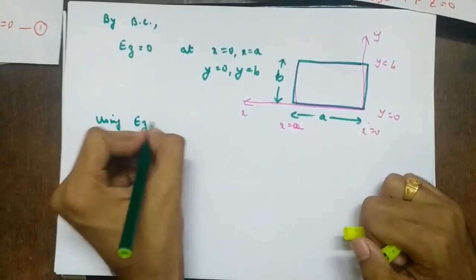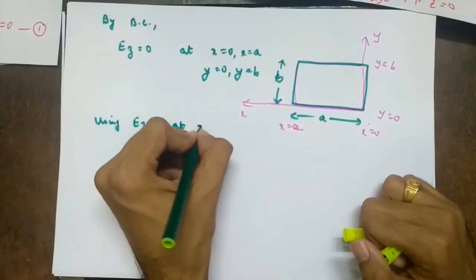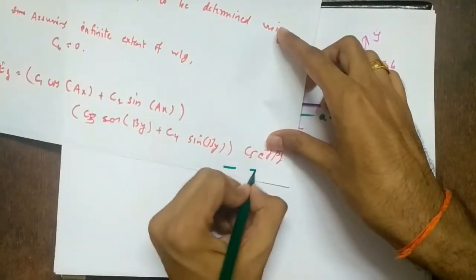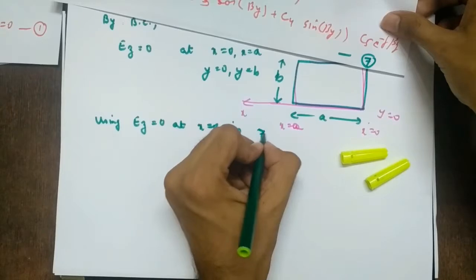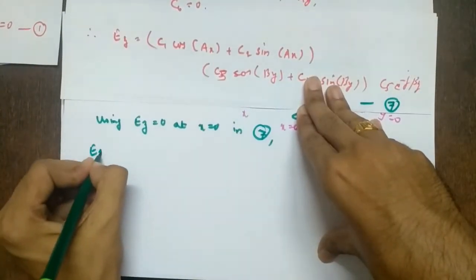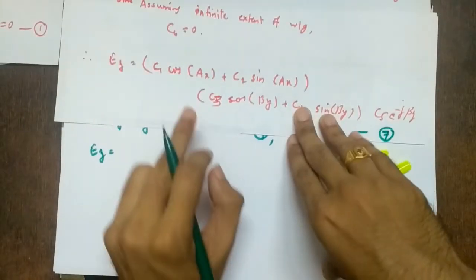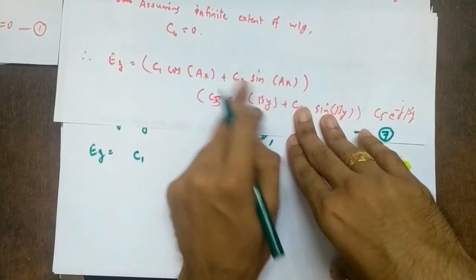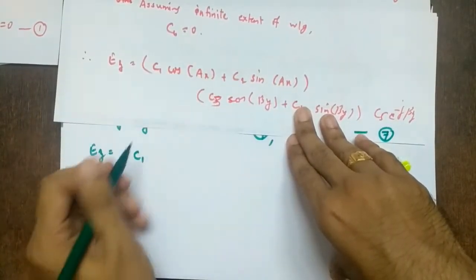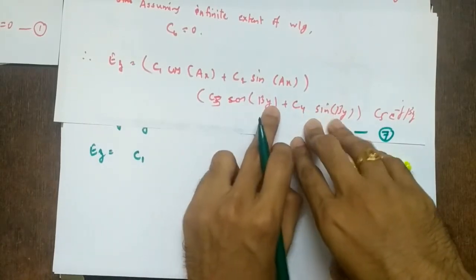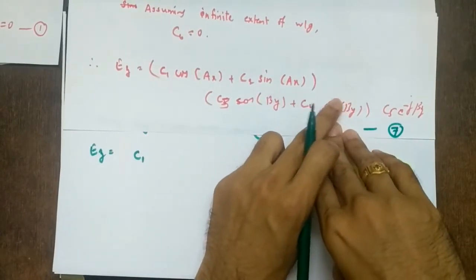You have to use this 4 times. So using Ez equal to 0 at x equal to 0 in this equation, let's say this is equation 7. In 7, what will we get? Ez equal to, x equal to 0, so sin 0 is 0 and this completely goes to 0. Cos 0 is 1. So C1 into the cos by, sin by terms will be as it is.